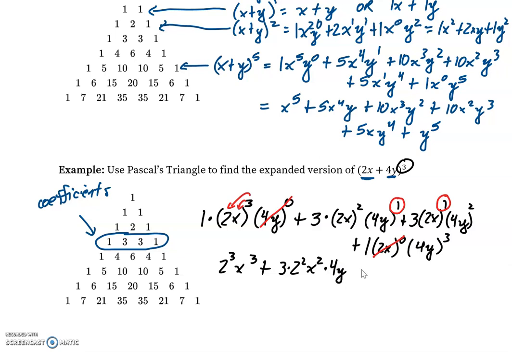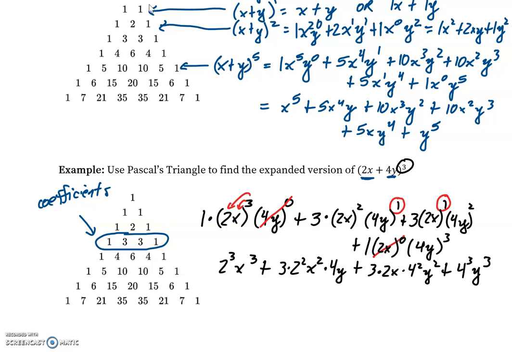So times 4y. The next term is going to be 3 times 2x to the first. So okay, just 2x. Times 4y squared. So we know we're going to square the 4 and square the y. And then lastly, right, 1 times, okay, 4y cubed. So 4 cubed y cubed.